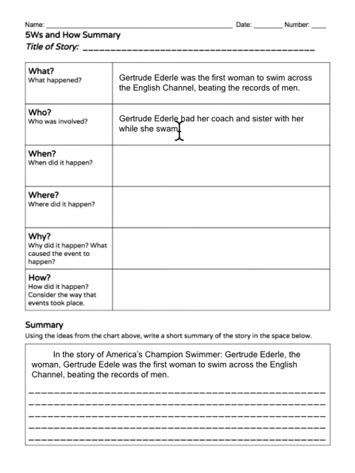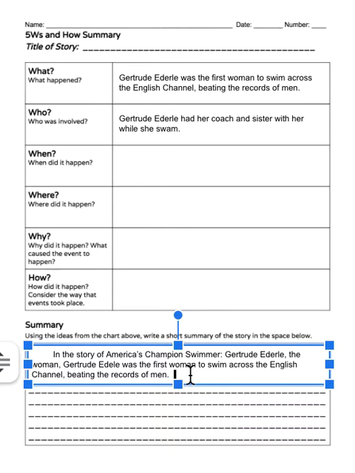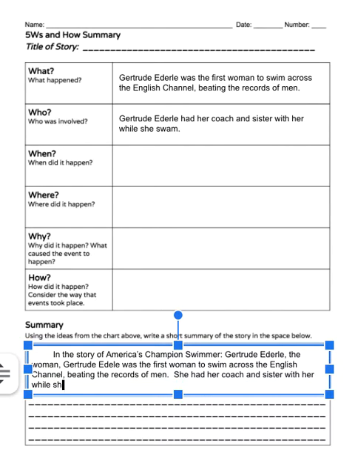Let's see, we could use she, her, it. What do we think? I'm thinking we're going to use the pronoun her. Actually, let's use she. I was going to say her coach, but that's skipping the first part. She had her coach and sister with her while she swam.